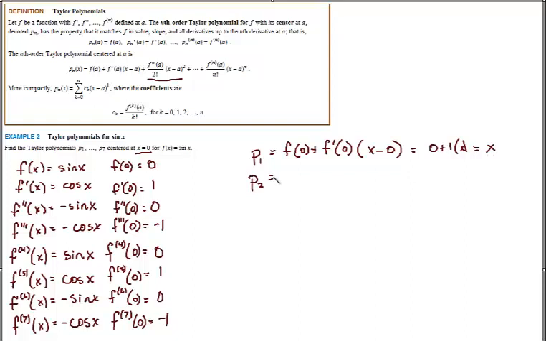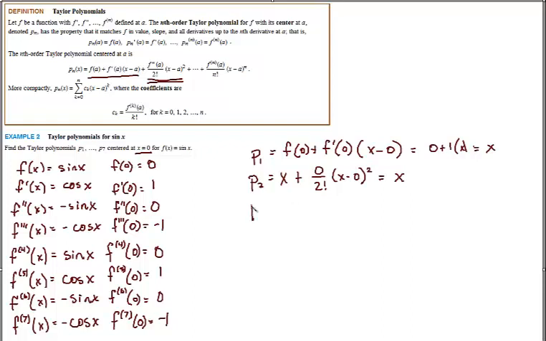Let's get the second one. The second one is just going to be all of the first, which was x, plus this stuff here. So that's going to be f double prime of a, that is 0, over 2 factorial times x minus 0 quantity squared. This once again is going to be x.